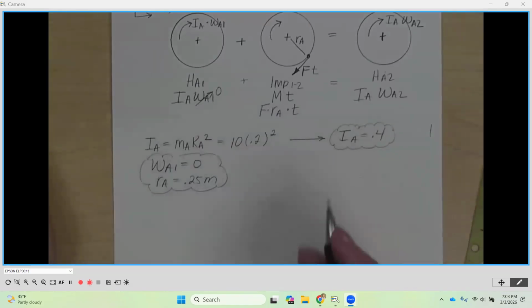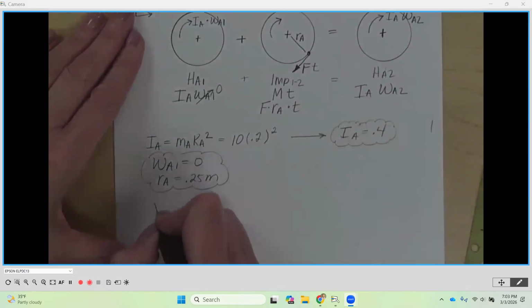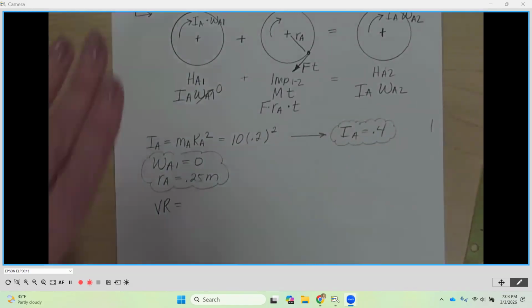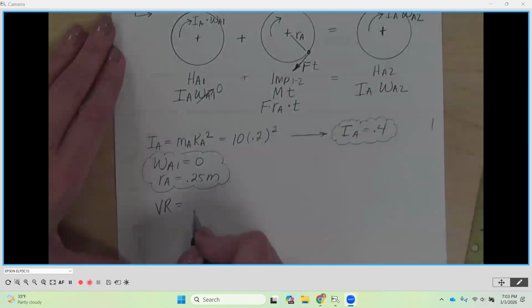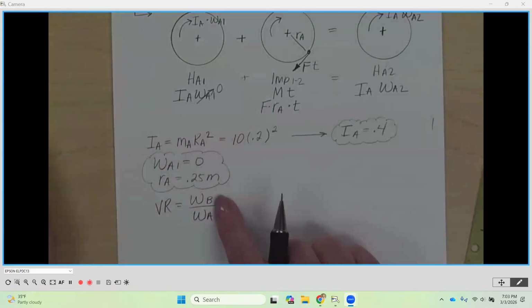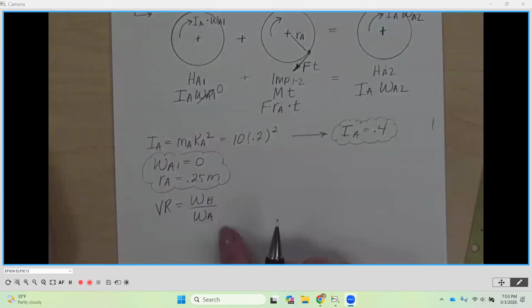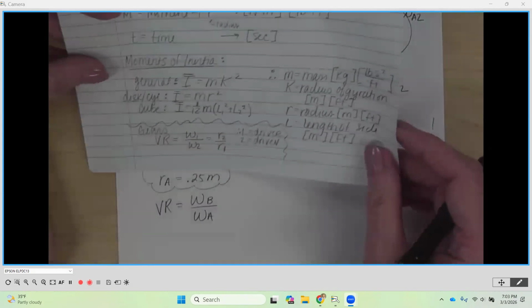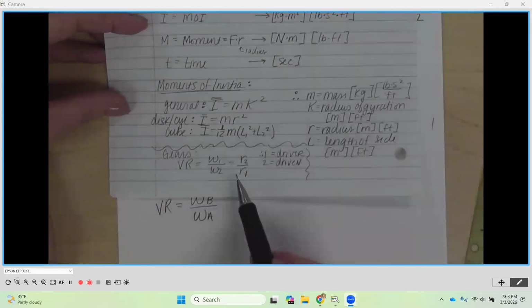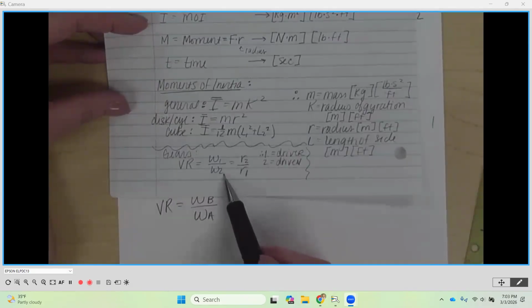We know that the velocity ratio between A and B can be calculated using the angular velocity of B divided by the angular velocity of A. B is the driver gear, and A is the driven. If you need to, go back to your equation sheet: driver, driven.